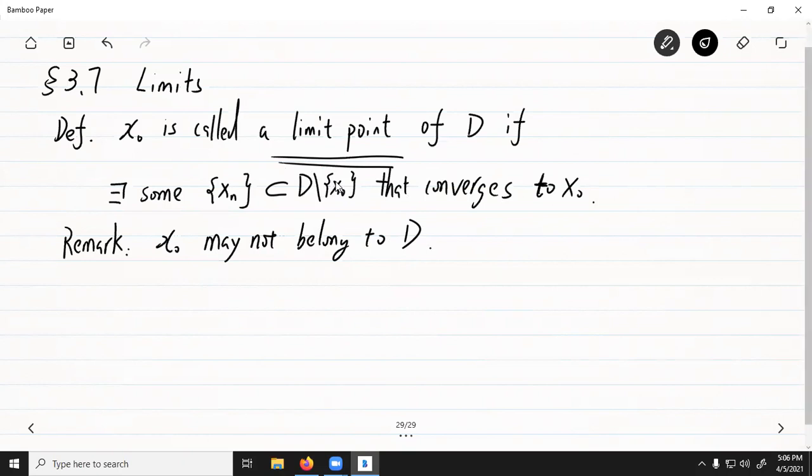So here is one example. You have a set which is an interval, from 1 to 3. For this set, 1 and 3 are not in this interval, right?